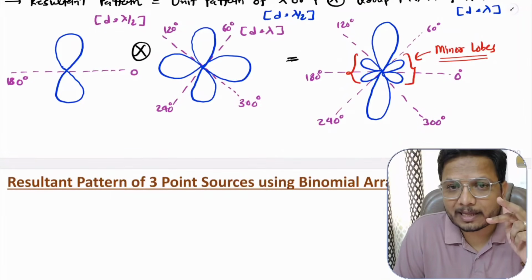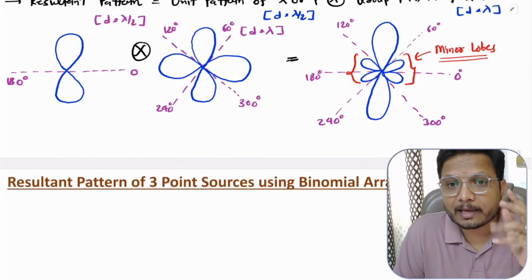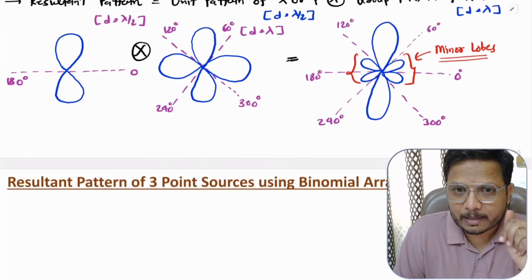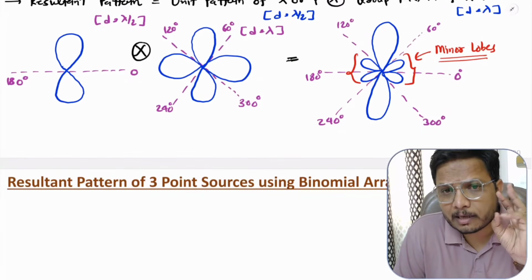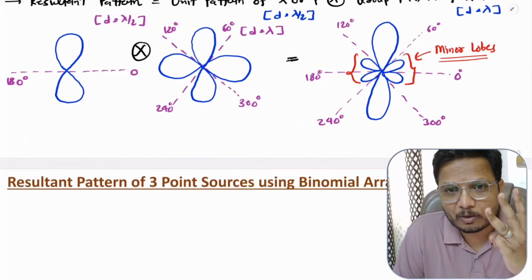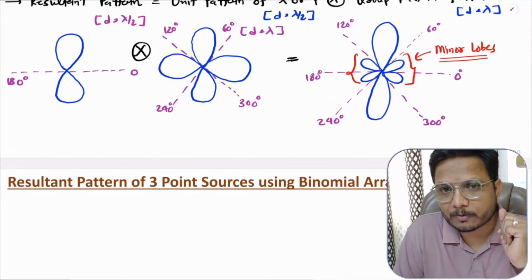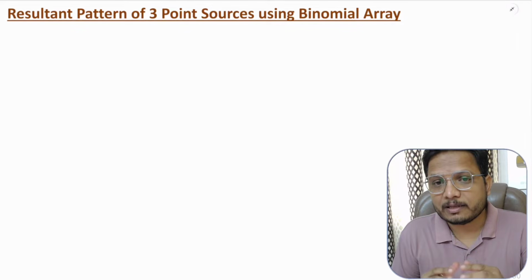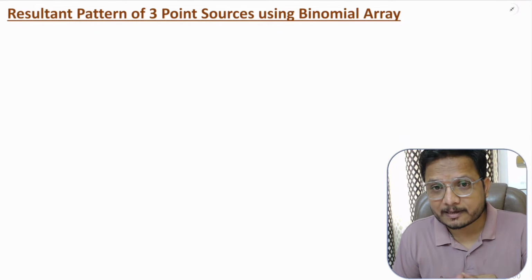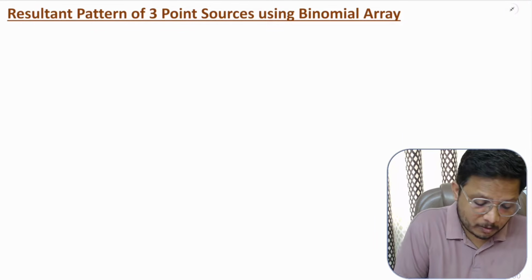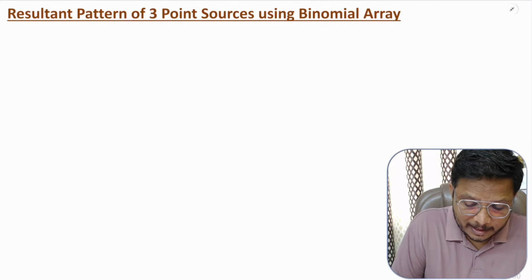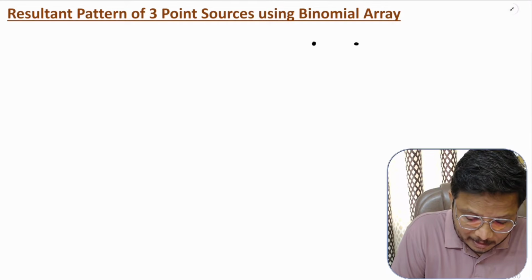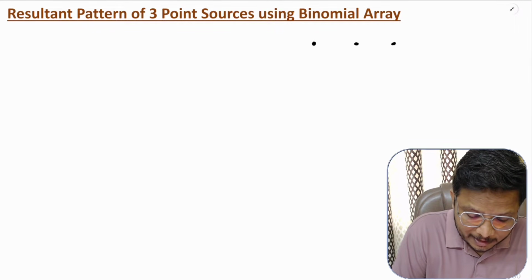Now, in a binomial array, how we apply the current distribution, I'll be explaining. To explain that, I'll be considering 3 point sources with a binomial array. In a binomial array, the current distribution is as per Pascal's triangle. If I draw 3 point sources, this is point 1, this is point 2, and this is point 3.